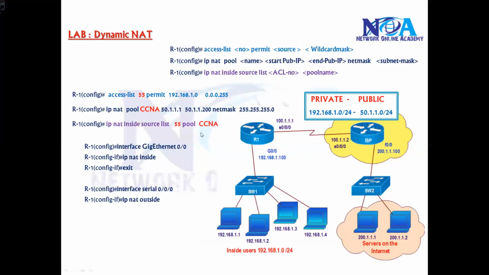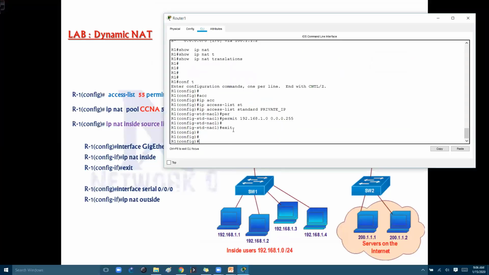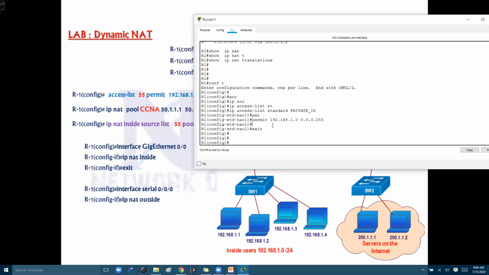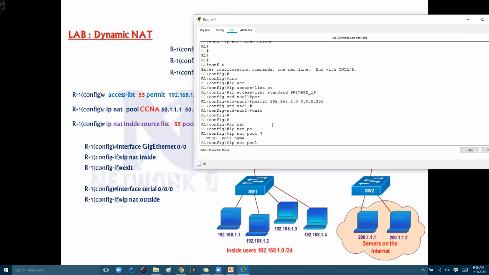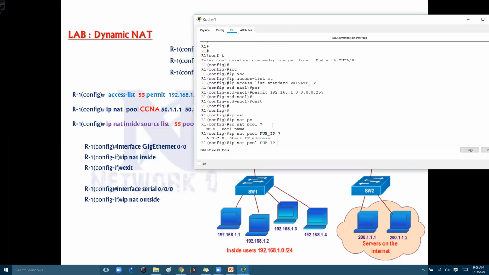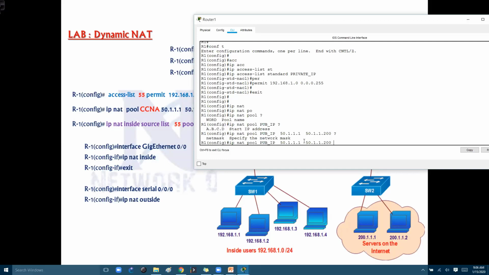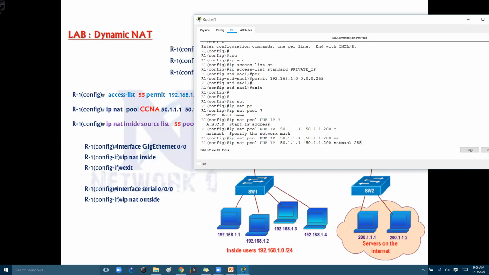That's what we have seen here. So I'm going to specify the public IP range, ip nat pool, and any name for the pool. Let's say the name of the pool is pub IP, and the starting public IP is 50.1.1.1, and the ending public IP I'm using, let's say, 50.1.1.200. So you can always use question mark, and then netmask and the subnet mask, whatever the range.